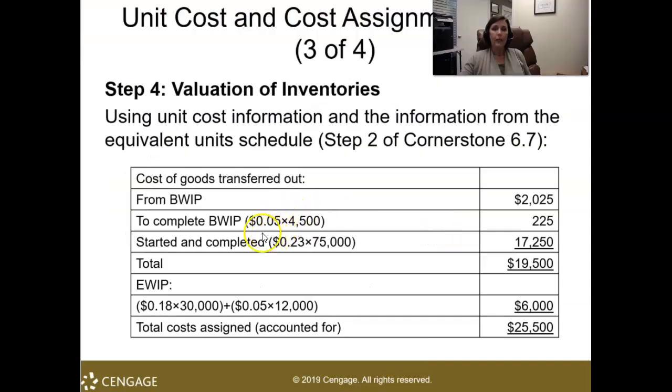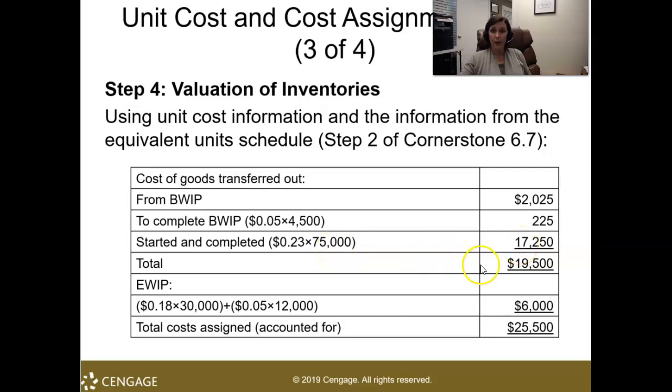Okay, so then we take those equivalent unit costs that we just calculated, and we apply the cost to complete the beginning work in process inventory at 5 cents times 4,500 for conversion, and then started and completed, so they get the whole 23 cents per unit times the 75,000 units that we started and finished.